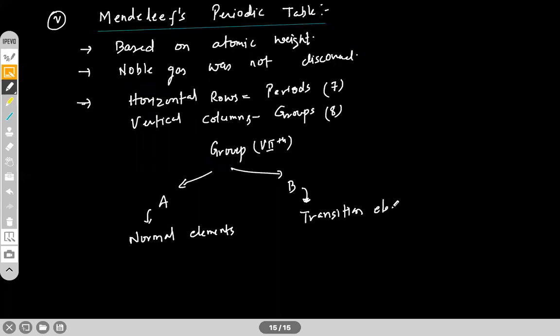I'll show you the periodic table, with A and B. Just copy this down now. Normal elements and transition elements.